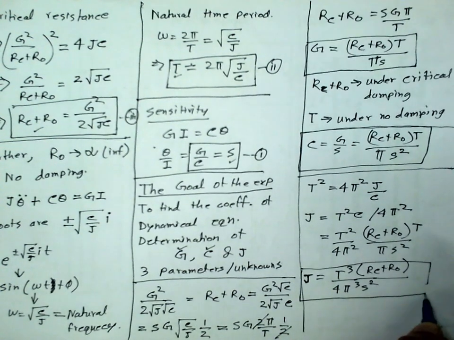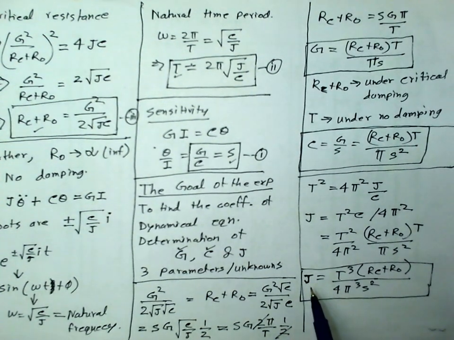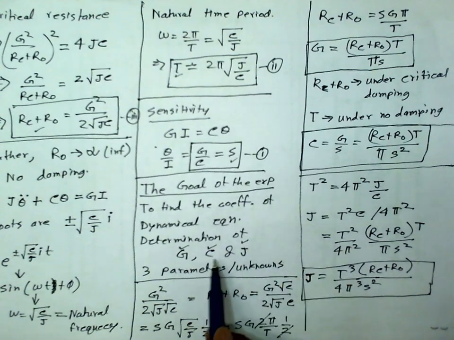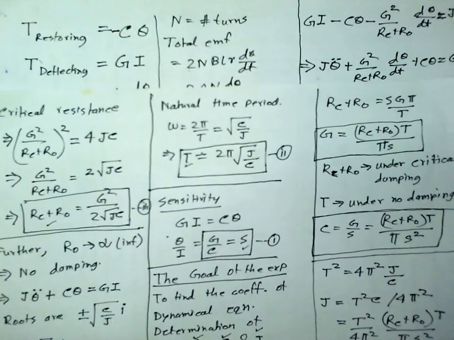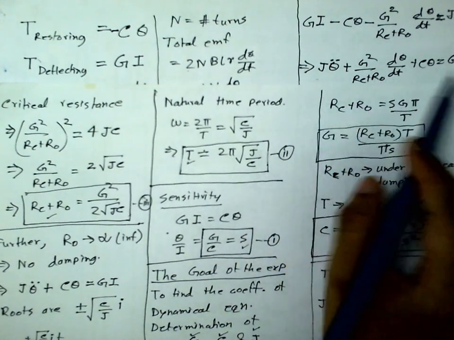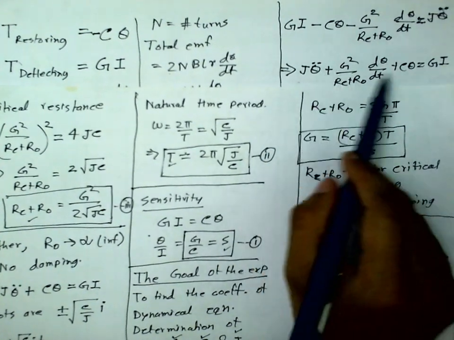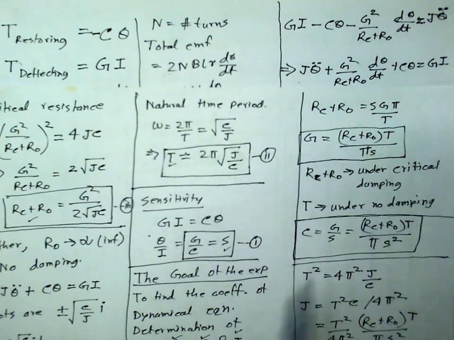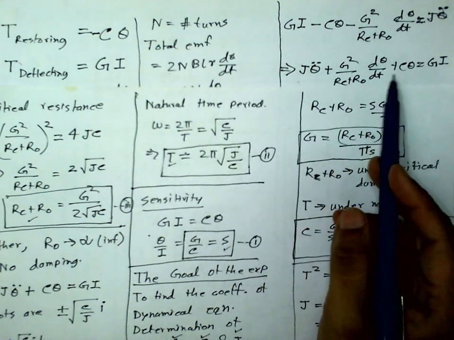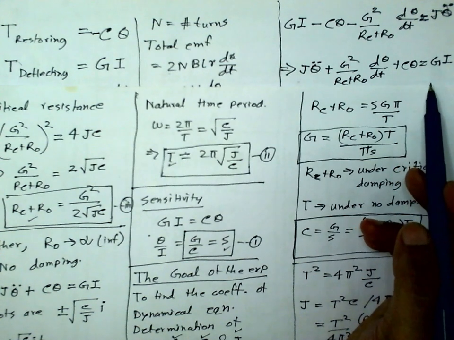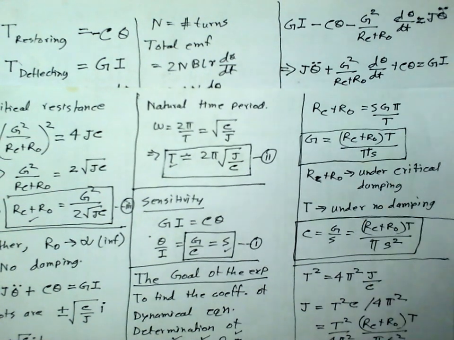Okay, so we can find all these parameters J, C, G, which are the parameters in this equation of dynamics. So now once we have these equations, we understand the dynamics of the system in all the possible detail.